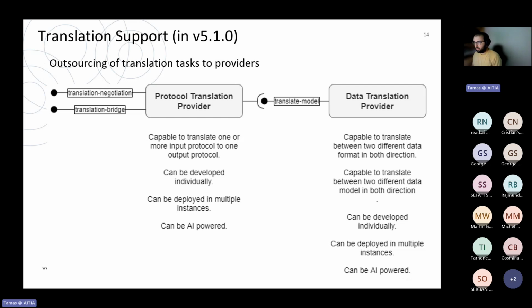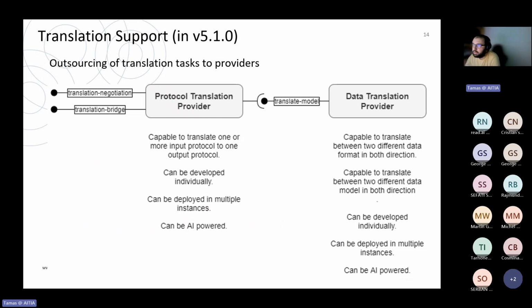So you can develop your own translation, which translates from XML to JSON, from MQTT to HTTP, for example. The key point here is that all these translation providers should or have to implement specific services.